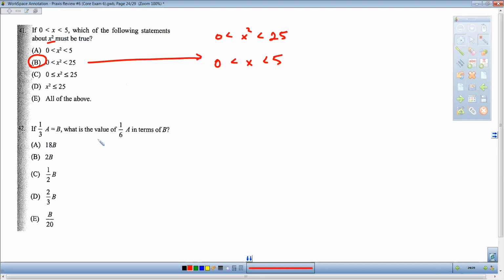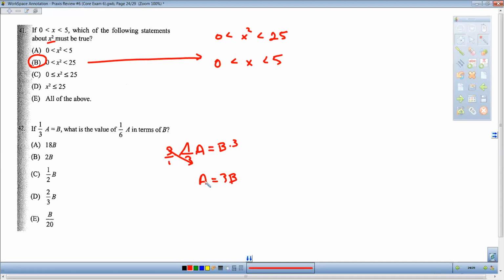Number 42, if 1/3 of A is equal to B, what is the value of 1/6 of A? Well, if 1/3 times A is equal to B, I could multiply both sides by 3, and all that would give me is A is equal to 3B.